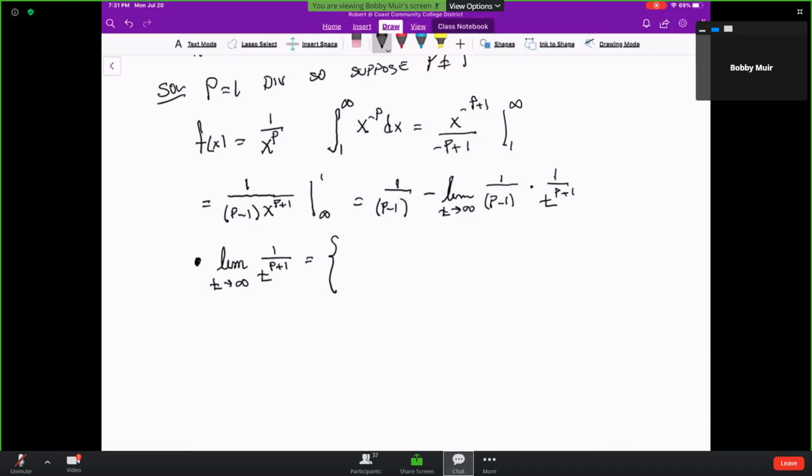As long as this exponent is positive in the denominator, the limit is going to be 0. Oh, I got the wrong exponent here.